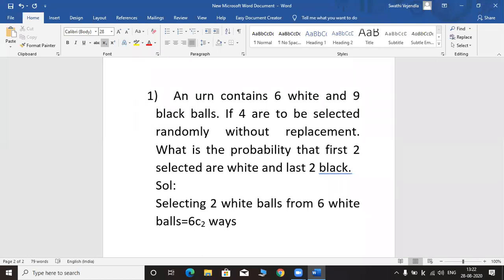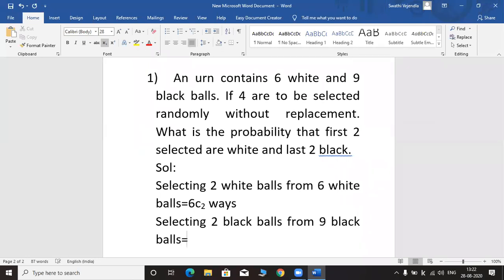Next, how can we select 2 black balls from 9 black balls? How many combinations do we have? Again the same concept, 9C2 ways. We have 9 black balls in total, so selecting 2 black balls from 9 black balls is 9C2 ways.